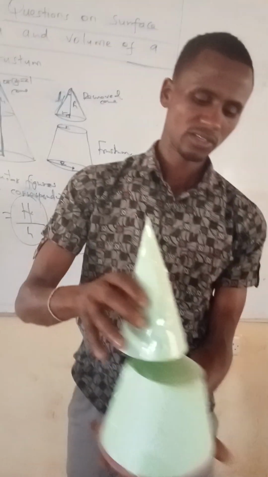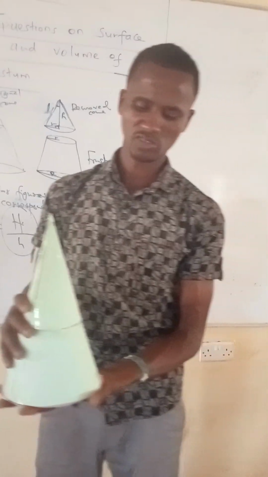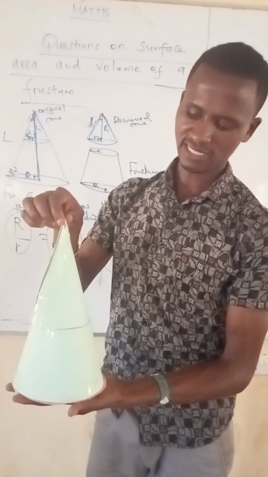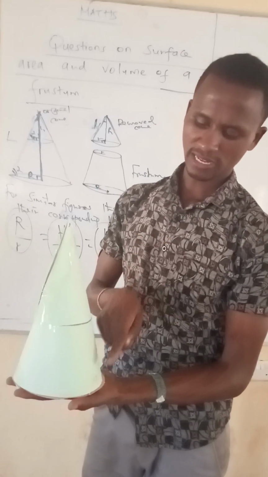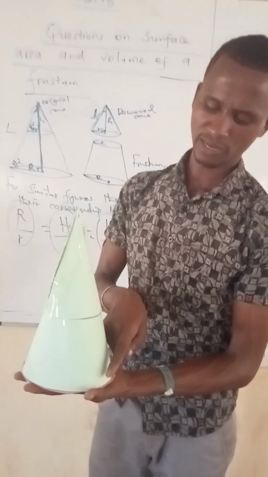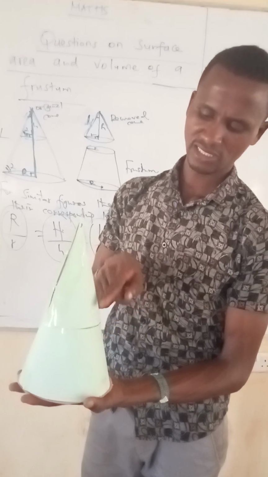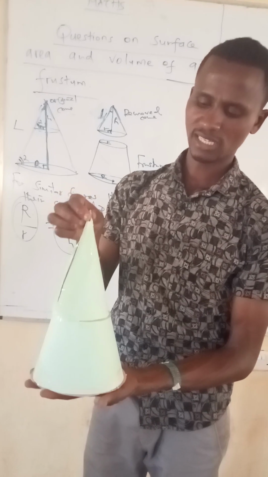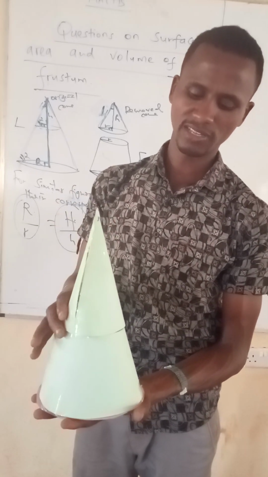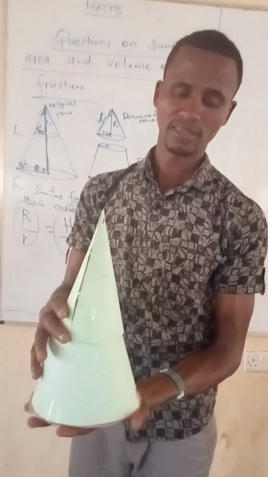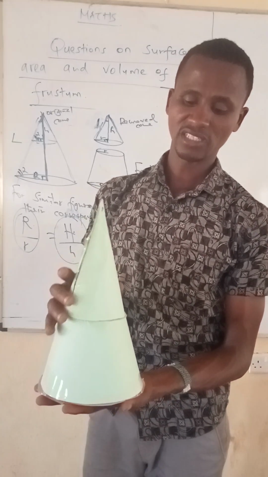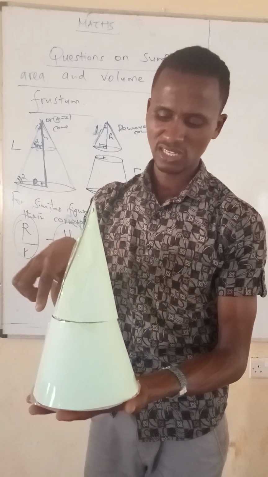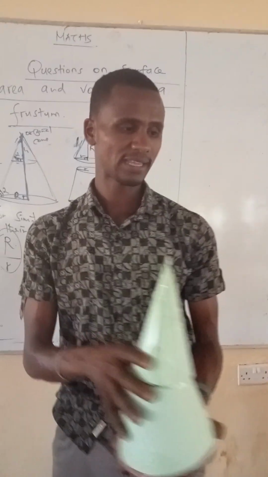So if we join this frustum with a cone like that, so that we have a complete cone, this is our apex, or the vertex of the cone, so that this line here you will extend it to meet with another one here, so that they form what? Apex. That is to say that the apex is always on the side of the smaller circle. That is for you to remember. You should know that the apex is always on the side of the smaller part, the smaller circle, like that.